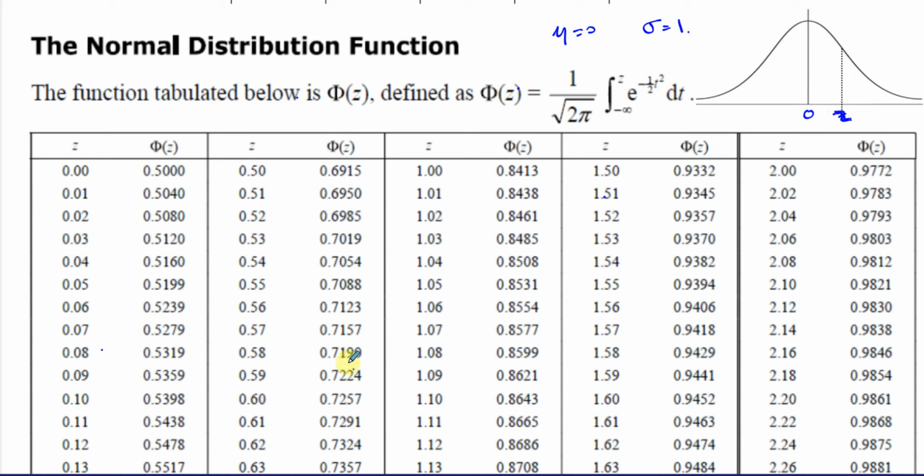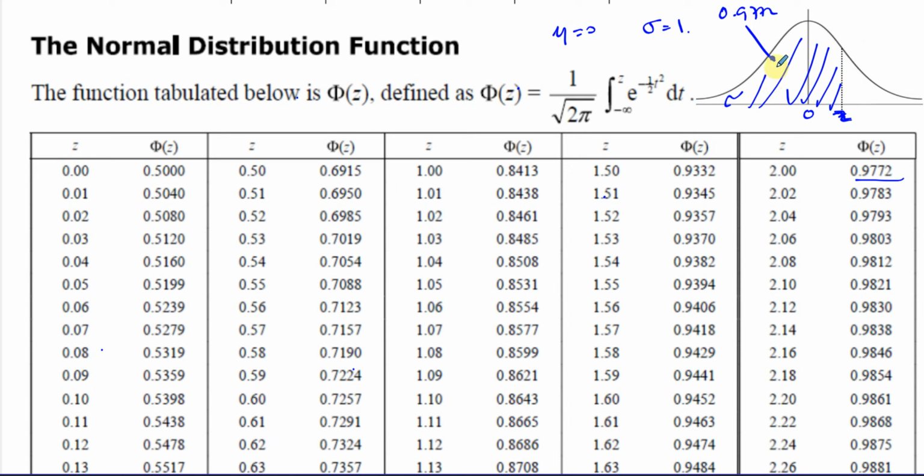These numbers apply. So if I wanted to find the area to the left of this 2, that would be 0.9772. So this area here is 0.9772, and the area of the whole thing underneath all of this is equal to 1.